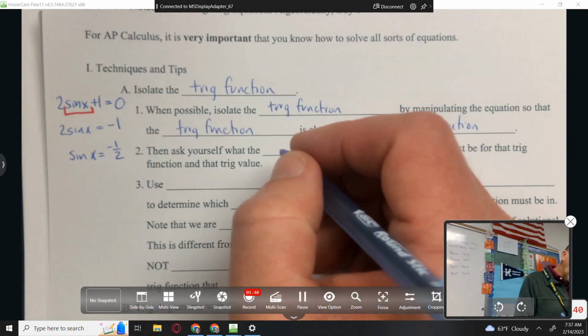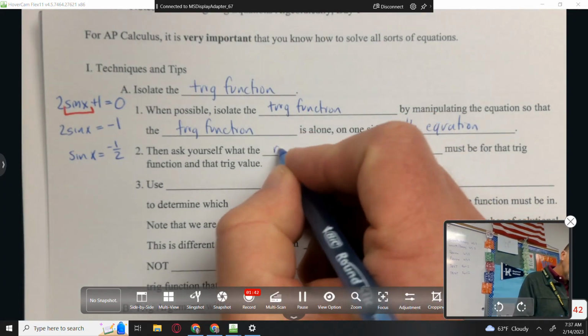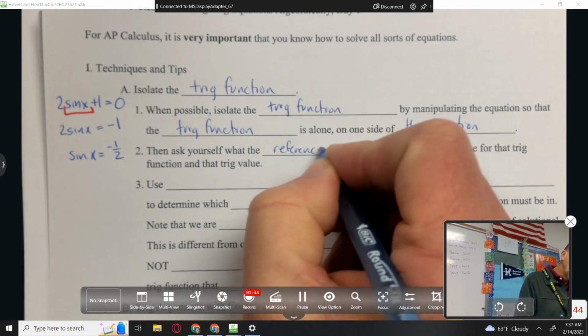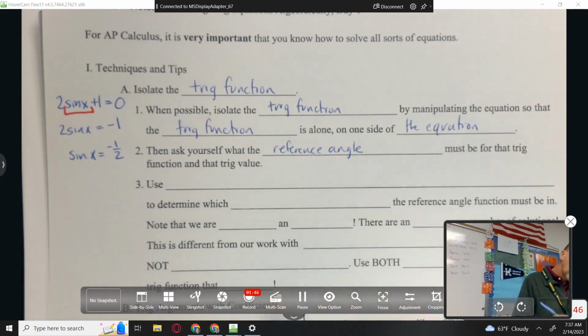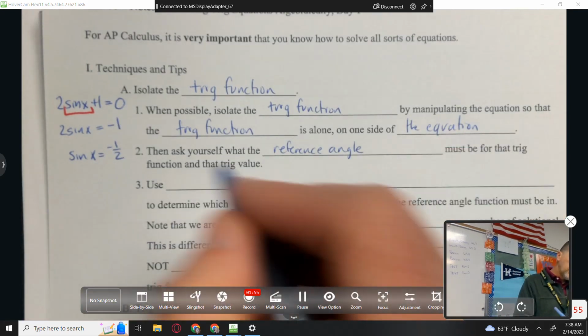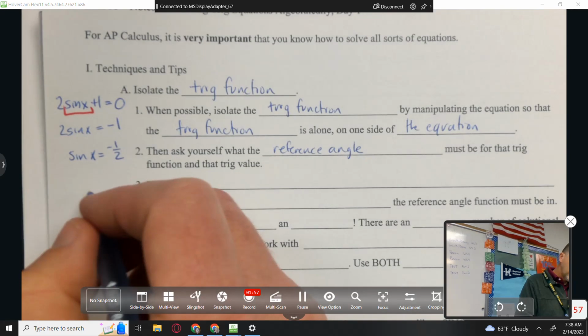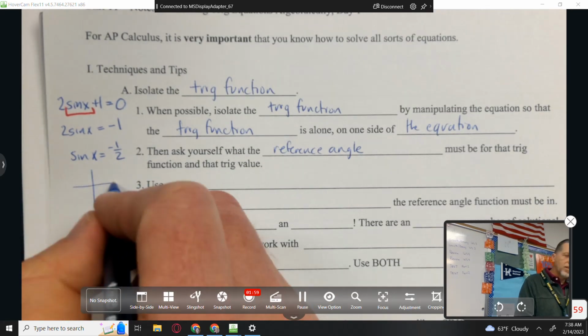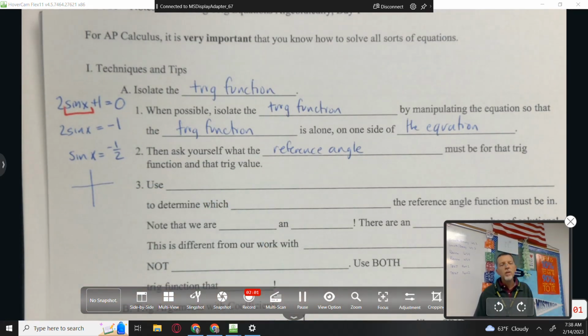Then ask yourself what the reference angle must be for that trig function and trig value. I would draw a picture at this point. It helps me visualize. Where is sine negative? What quadrants have a negative sine?